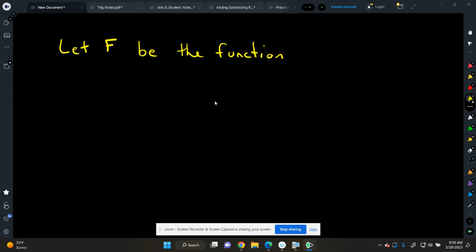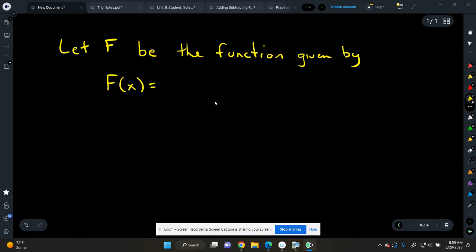It's given by uppercase F of x equals the integral from 2 to x of the natural log of t plus 1 dt.